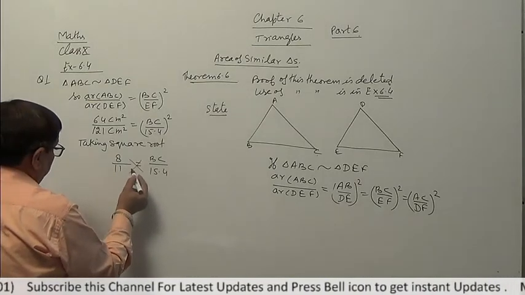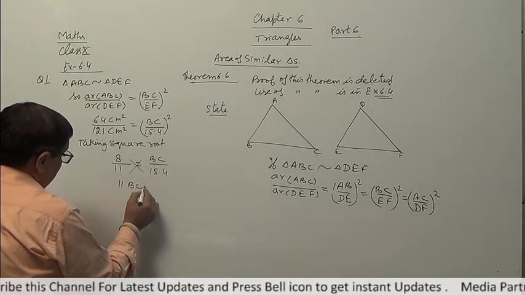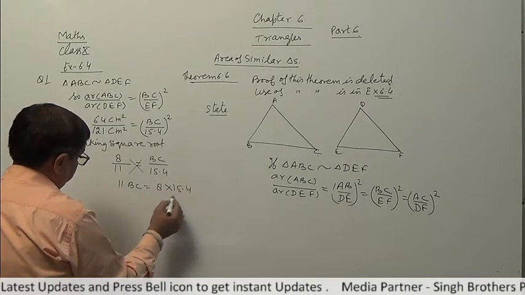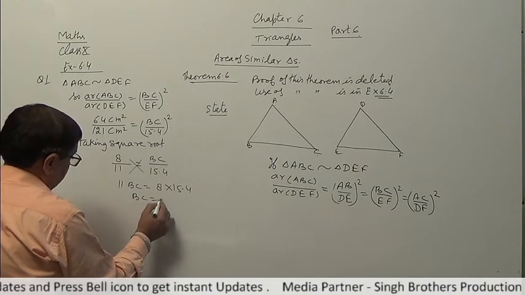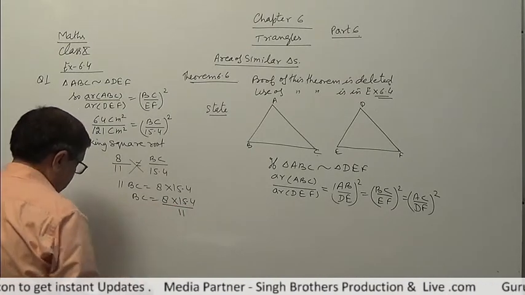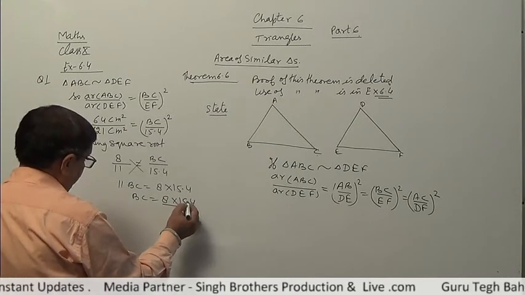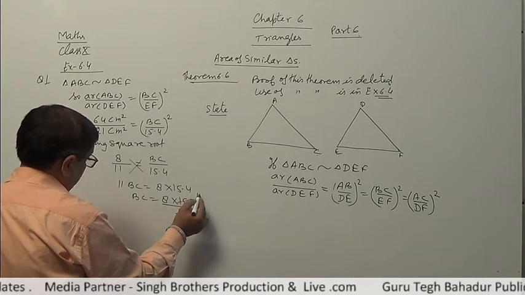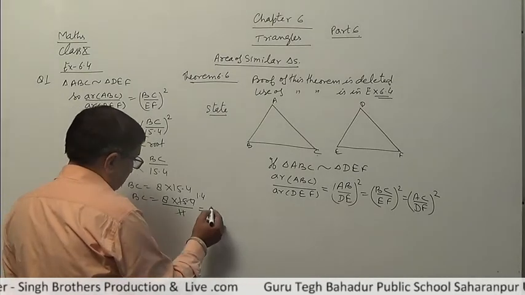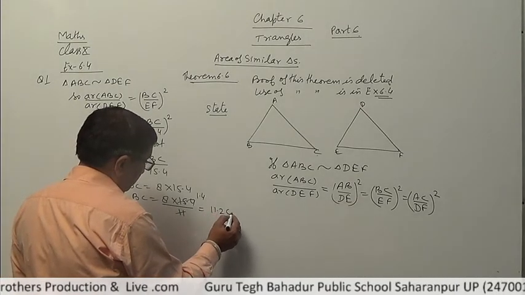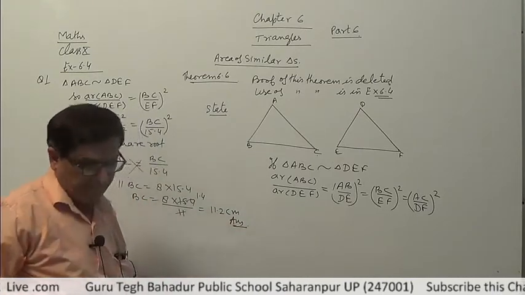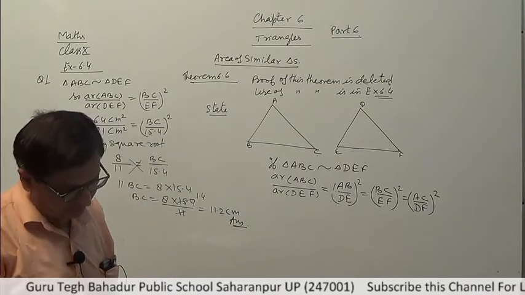Now cross multiply, 11 BC is equal to 8 into 15.4 and BC is equal to 8 into 15.4 upon 11. So 11 ones are 11, point, 11 fours are 44, 44 eights are 352, 112, that is 11.2 centimeter. Now see the second question.